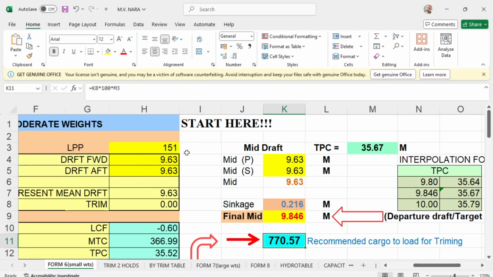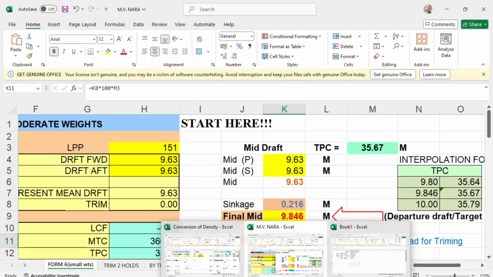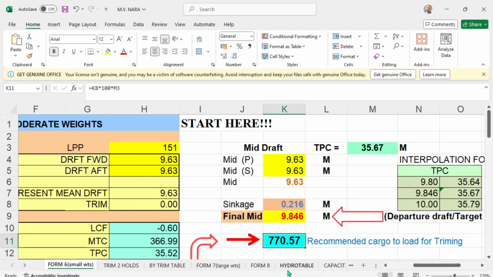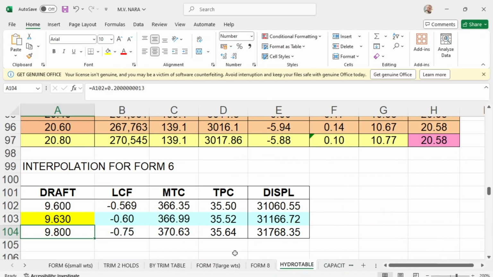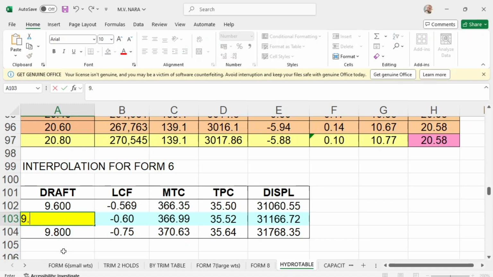Draft 9.63 is already 1.014. So when you check this in the hydrostatic table, we'll check this 9.63. You go to the hydrostatic table, which is this one, then you just put the draft of 9.63.